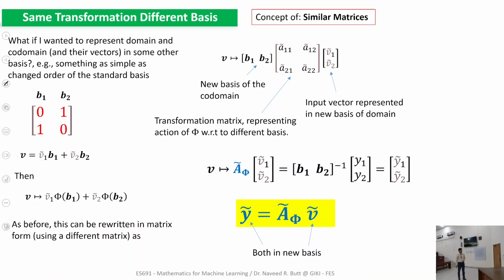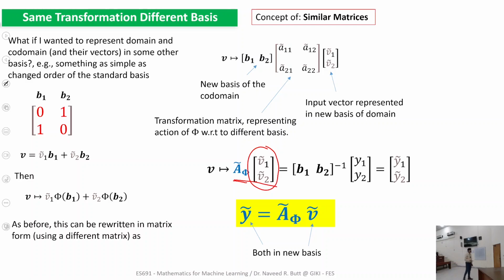ऐसे ही है ना. So now what you have is, interestingly, this thing. Still, this is your transformation matrix. Okay, here it is, A phi tilde. These are your old coordinates. Okay, and you will have, instead of now y1, y2, which was the output in the standard basis, it will also be transformed now into your new basis.